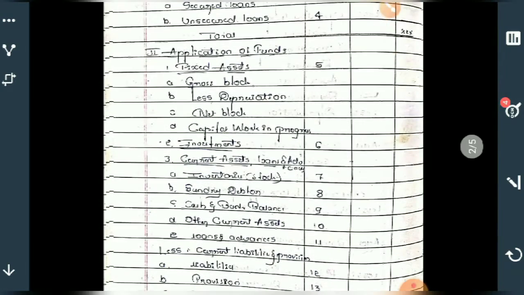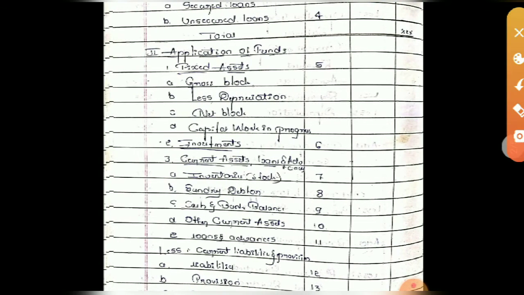Then you have to move to the asset side. Here the assets are generally called application of funds: how the funds are applied, where they are used, that you have to see. Now first, fixed assets are to be written, correct? Fixed assets have note number 5.